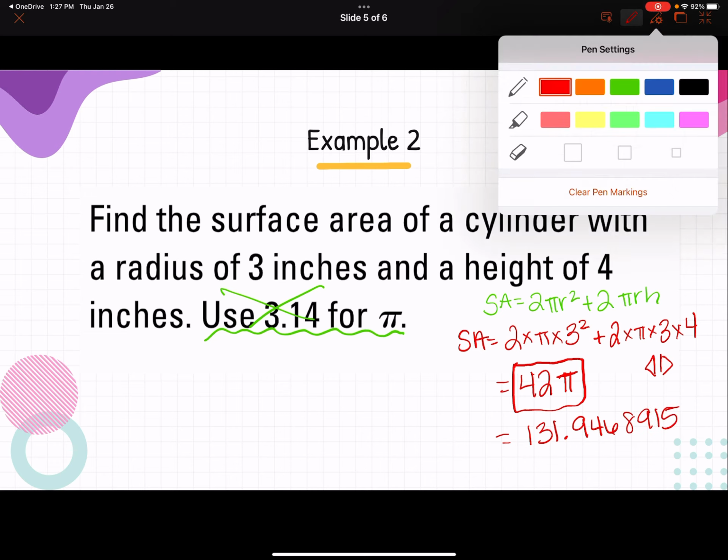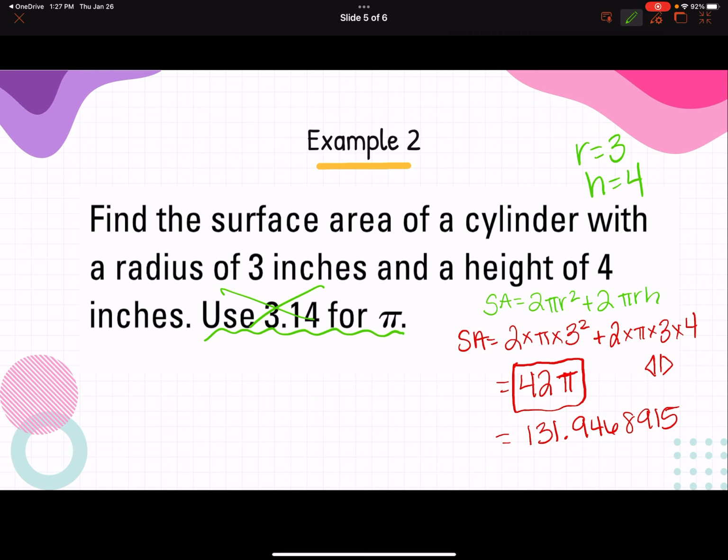So again, I want to round that to the nearest thousandth. So I'm going to cut it off at the 6. That's my 3rd decimal point. This is tenths, hundredths, thousandths. Okay, and the number after 6 is 5 or bigger. So I'm going to round that up to 131.947 inches squared.